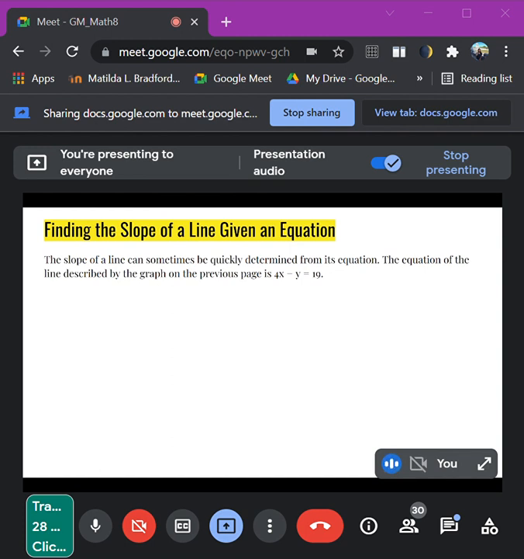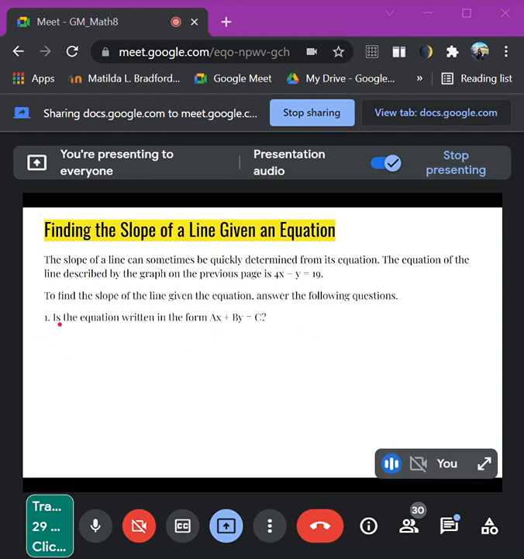So, the equation of the line described by the graph on the previous page is 4x minus y is equals to 19. So, atong gamiton ni as our equation here. So, how are we going to find the slope? To find the slope of a line given the equation, you're just going to answer the following questions.